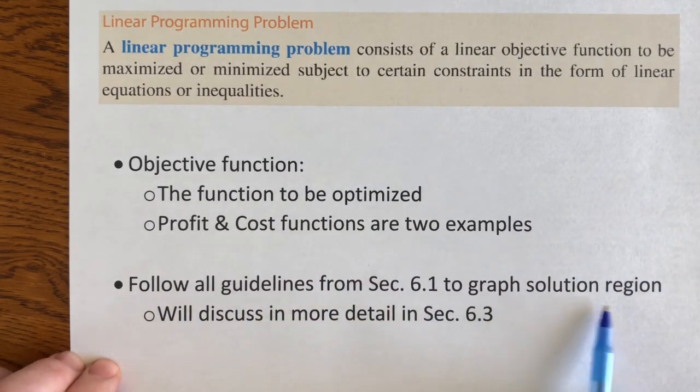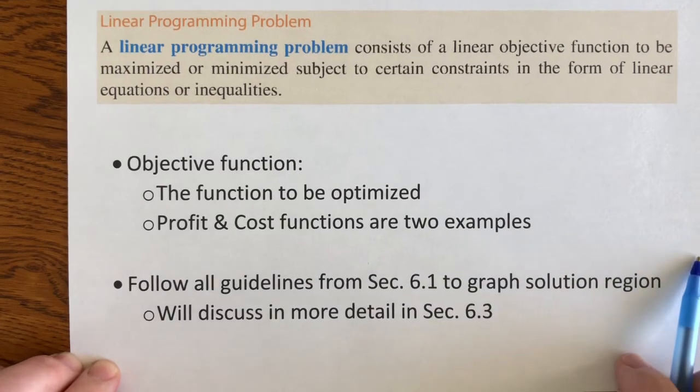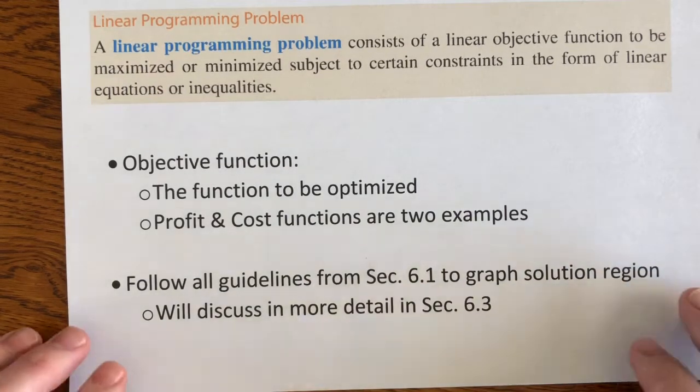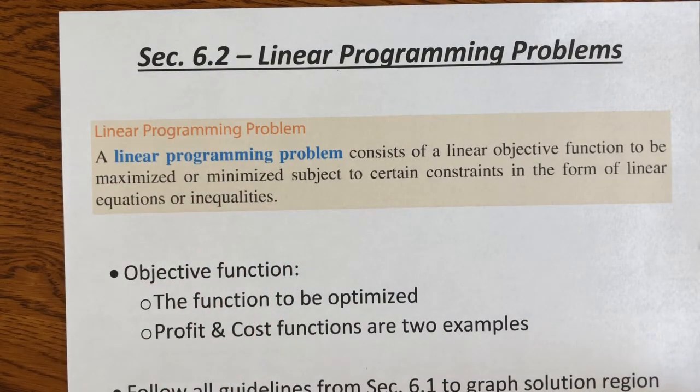So the last bullet point here I have is, if we're looking at material in section 6.3, we still need to remember all the guidelines and follow the procedure from section 6.1 in order to successfully graph our solution region. All right, so we only have this section and then section 6.3 and 6.4 to go to finish out the semester.